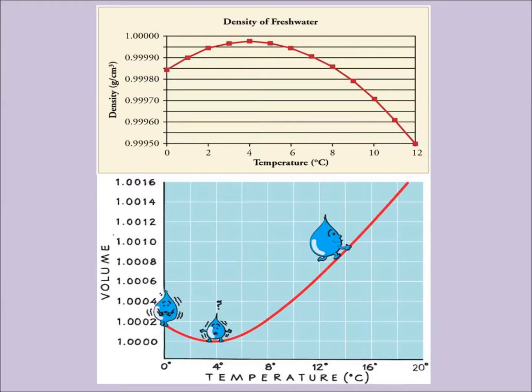And that's true if you just turn the graph upside down and you're comparing density with temperature. It's going to be most dense at 4 degrees Celsius. When we say 1,000 kilograms per cubic meter or 1 gram per cubic centimeter, that's generally considered 4 degrees Celsius, depending upon the number of significant figures that you're going to rely on.